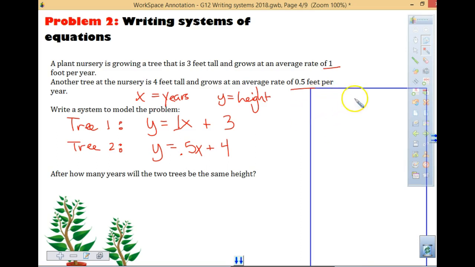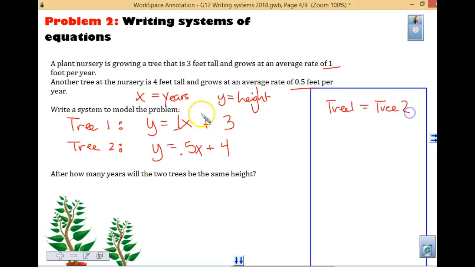So in our equation, we need to know when tree 1 equals tree 2. Since tree 1 is y and tree 2 is also y, we are going to put the first y for tree 1. It was 1x plus 3.